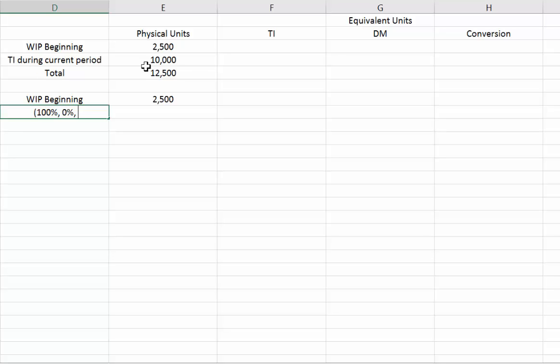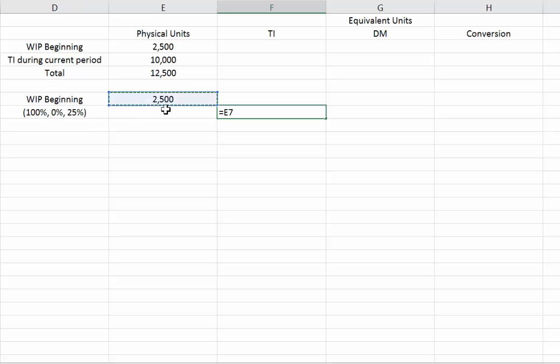For the conversion cost, we know that 25% are completed, so therefore you have to take care of 75% of the conversion costs for these 2,500 units. So that's pretty clear. Therefore, first we multiply this 2,500 by the remaining work. The remaining work is 100% minus whatever percentage of completion, in this case 100%. So therefore you should get a 0.